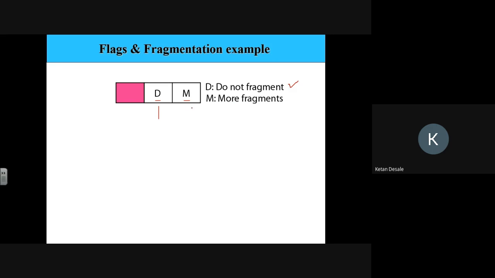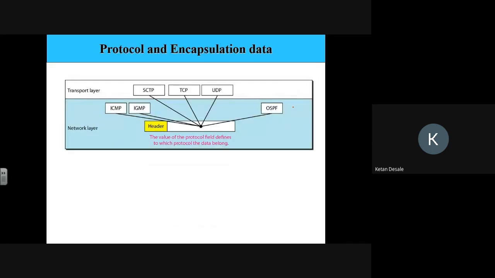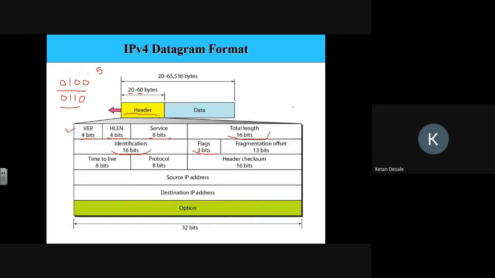But if the M bit is set to 1, it means more fragmentation is allowed if necessary. Depending on the conditions in the network, the intermediate devices can take action and fragment the packet as well. So these are the 3 bits set for fragmentation.